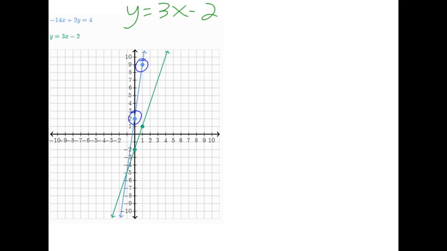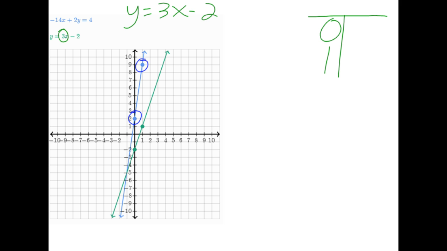So my values I'm going to use are 0 and 1. Okay? If the 3 happens to be a fraction, use your denominator as one of your input values for x. Okay? If it's not a fraction, if it's a whole number, you can just use 0 and 1.